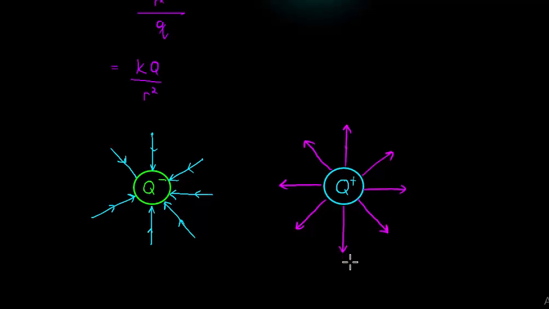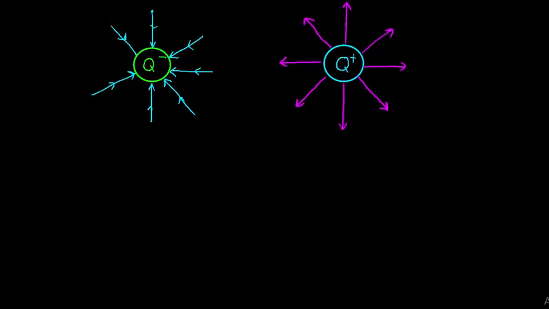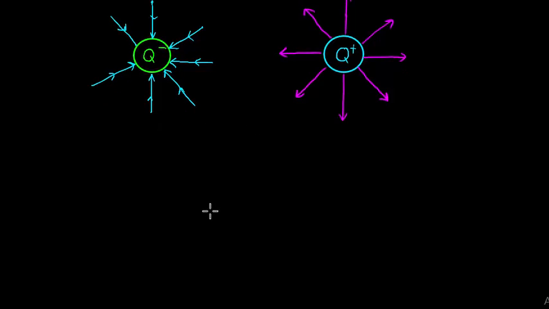Okay, now what will it look like if I were to draw these two together at the same time? In other words, what would the electric field look like if I have a negative charge and a positive charge nearby each other? Okay, a negative and a positive charge nearby each other. So let's look at that.